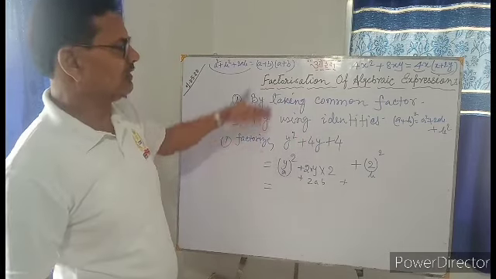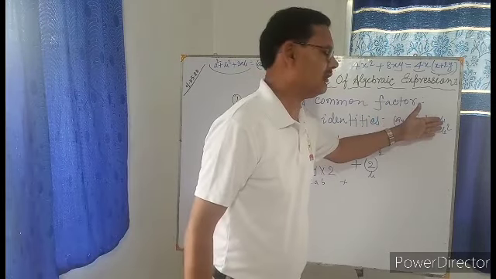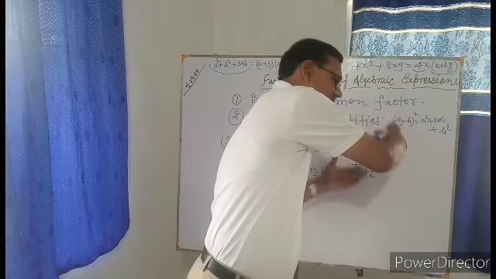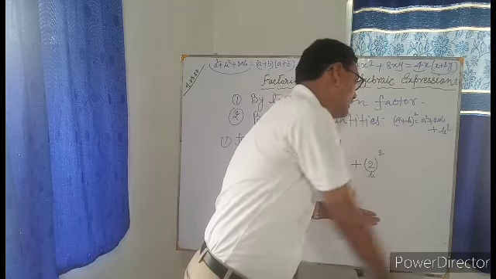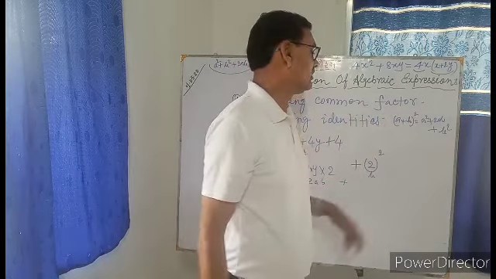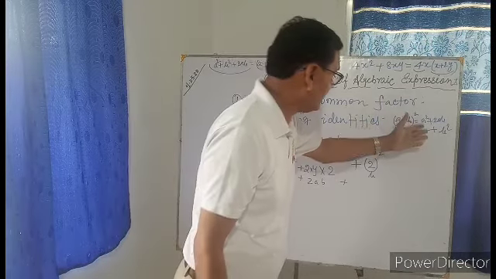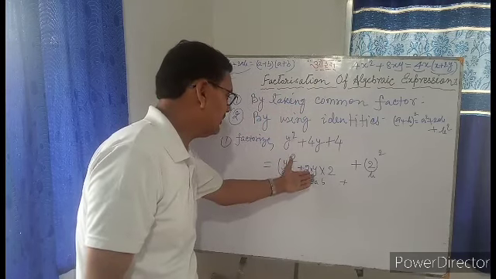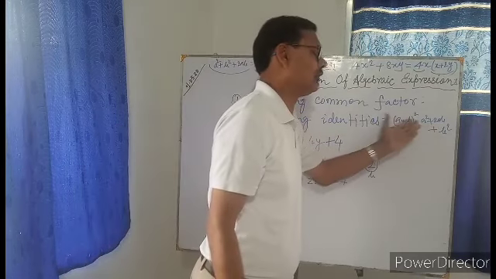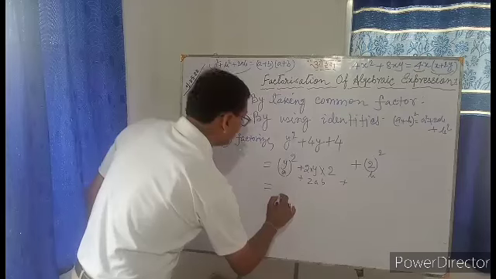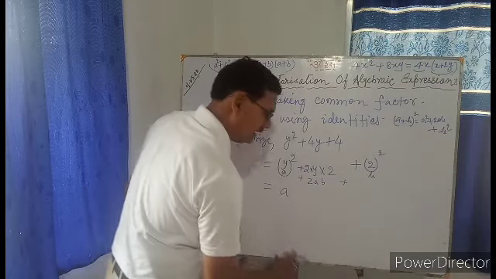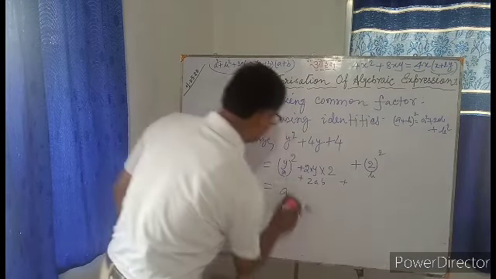This expression is on the pattern of a square plus 2ab plus b square. On the right side of the identity, a plus b whole square is equal to a square plus 2ab plus b square. Therefore, it must be equal to a plus b whole square. And so recognize a. What is a? Here a is y.